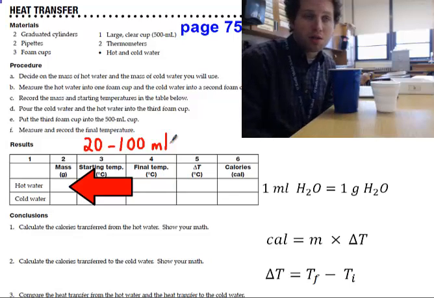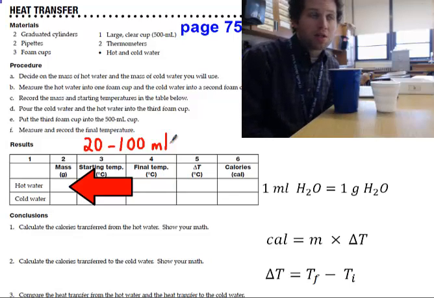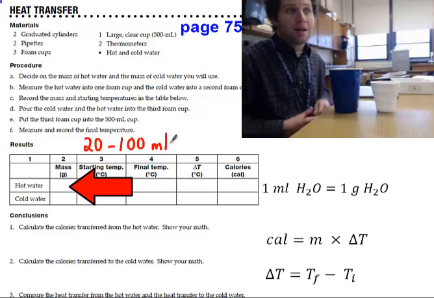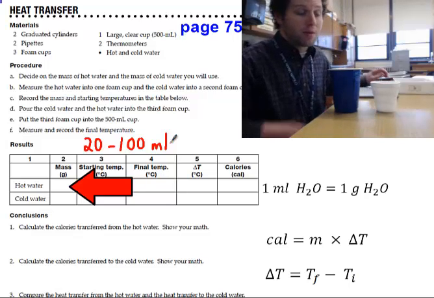Don't use the same amount, choose a different amount, but measure carefully and record the mass. Remember, the mass of 1 gram of water is the same volume as 1 milliliter of water. So record that in the hot and cold water mass box in your data table.